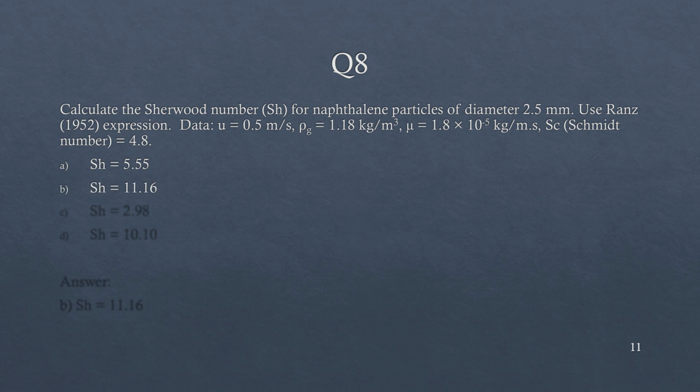Options are A, 5.55; B, 11.16; C, 2.98; D, 10.10. So just solve it and I'll give you 1 minute. Try solving it. If not, we'll solve it in the next few minutes.